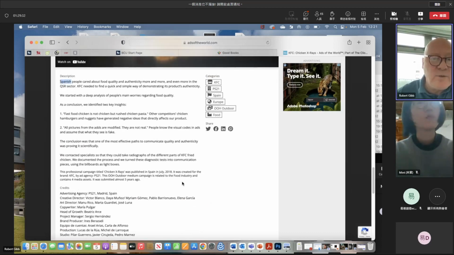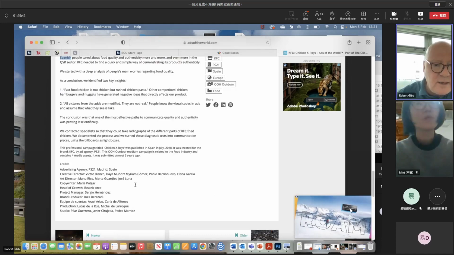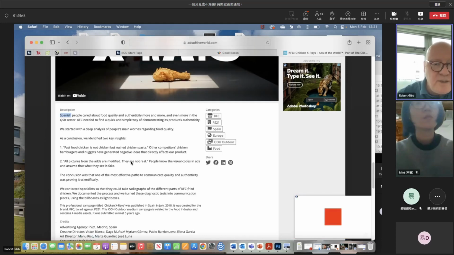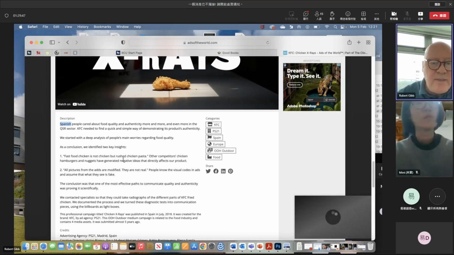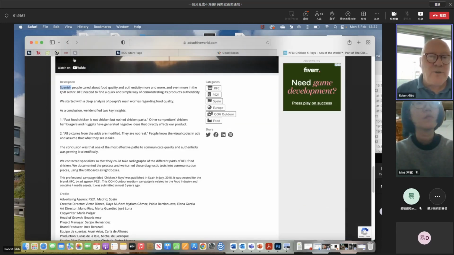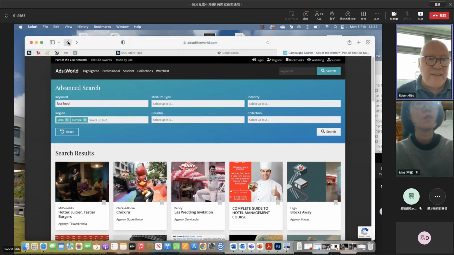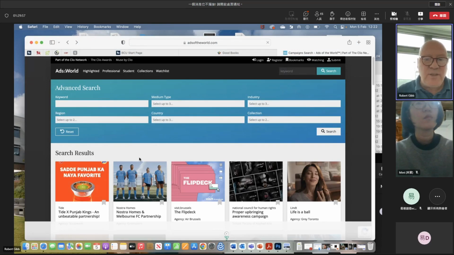It's aimed at one cultural context. They care about food, so it's Spain, Europe, outdoor and food. And then they've got some insights. Fast food is not working, and so on. Then they contact the specialist. What they're doing here is telling you how the adverts are put together, but with a cultural context. So Ads of the World is a website that we get students to use.